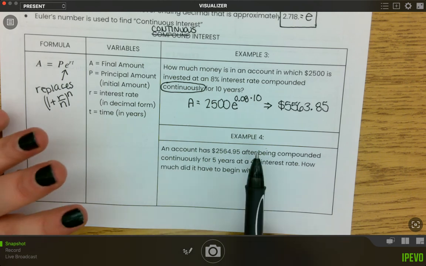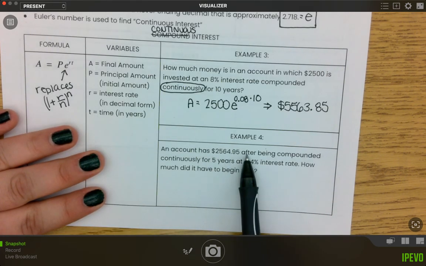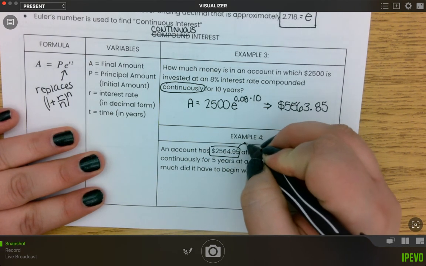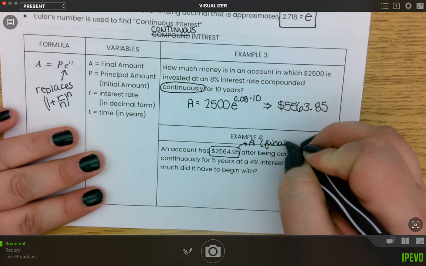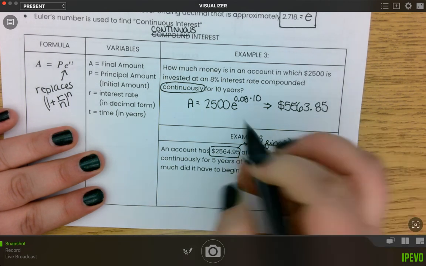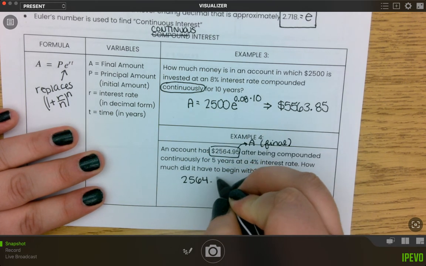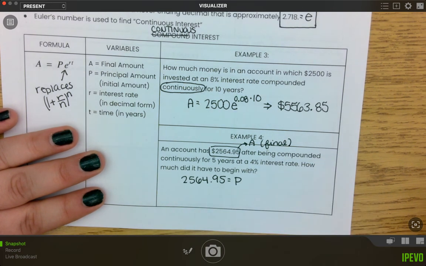And then we have example 4. An account has this much after being compounded. That means that this is your A value, or your final amount, so that part's going to go on the left. And we don't know how much it started with.